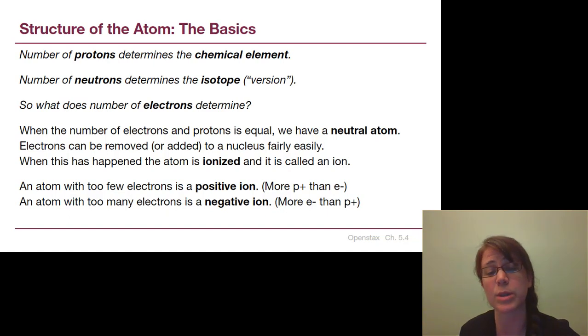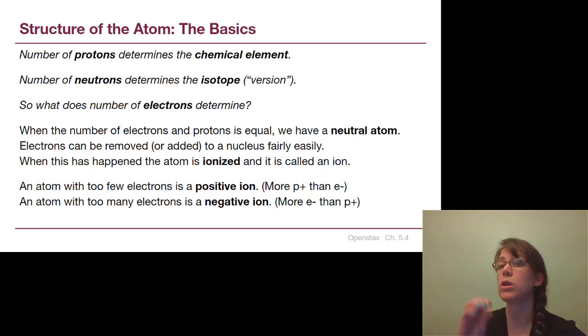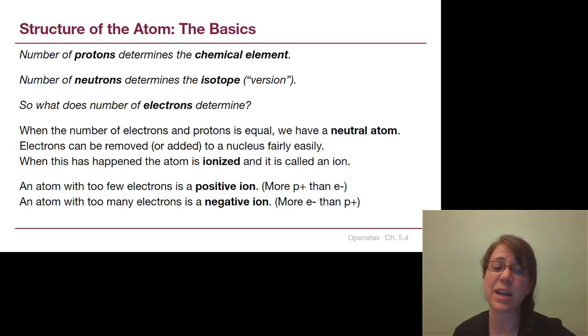When that happens, the atom is ionized, and it's called an ion. So an atom with too few electrons, if we stole electrons from a neutral atom, would become a positive ion. There are more protons positive than there are electrons negative. An atom with too many electrons, where we added extra electrons to a neutral atom, is a negative ion. There are more electrons negative than there are protons positive.